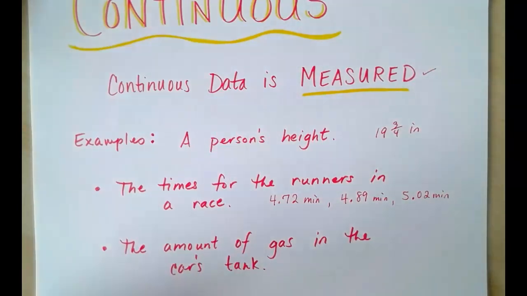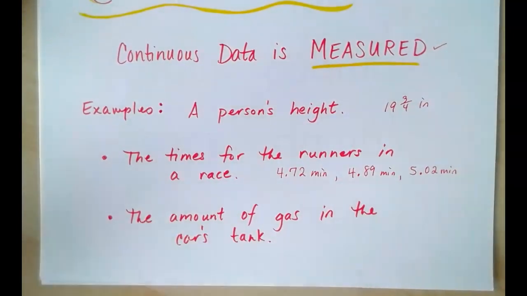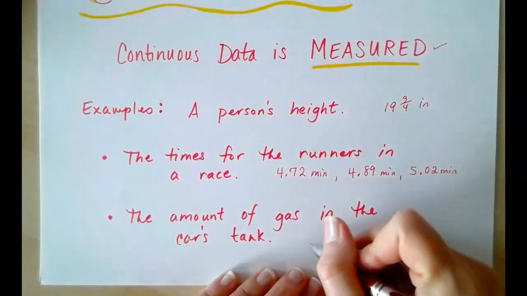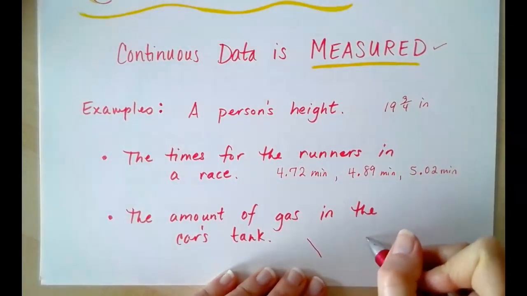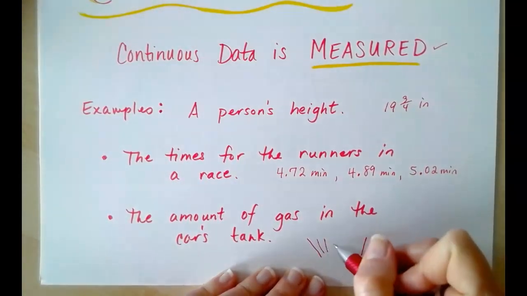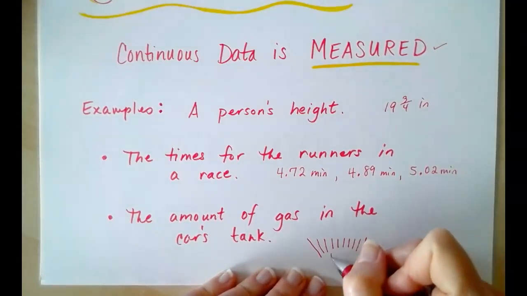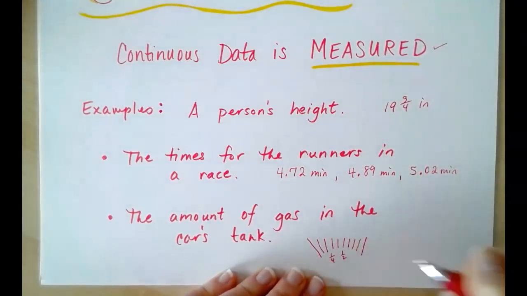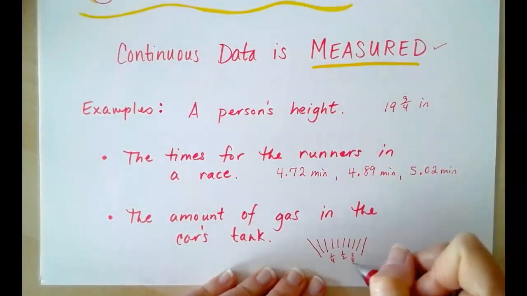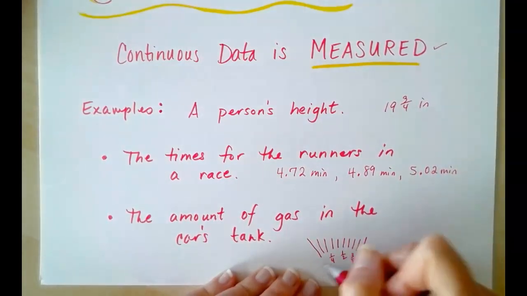Continuous measurements. Next, also the amount of gas in a car's tank. The tank is not either empty or full. If you think about it, normally when you look on the dashboard, you see something that kind of looks like this, where here is a quarter, here is a half, here's 3/4, and here's full.